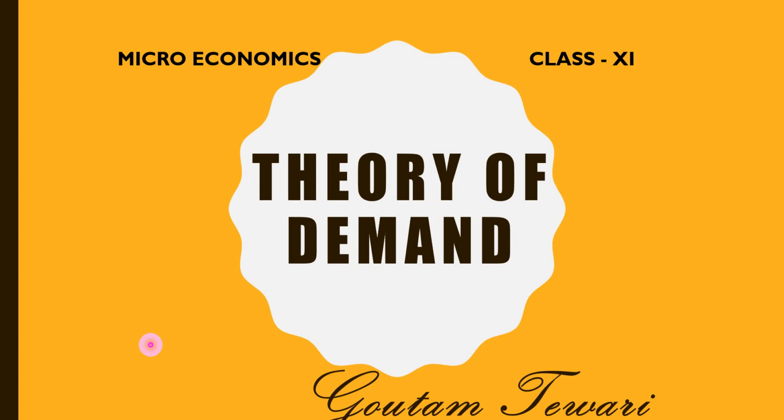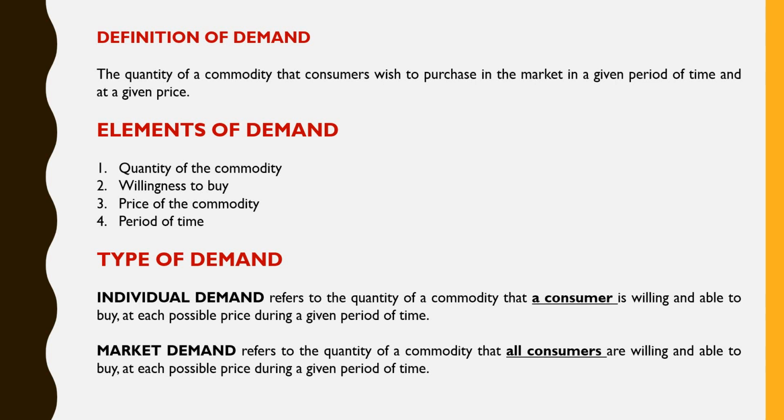Further, if at the price of rupees 40 per liter, he is prepared to purchase 2 liters of milk daily, then this we call demand. So these three terms, desire, wants, and demand, are different.